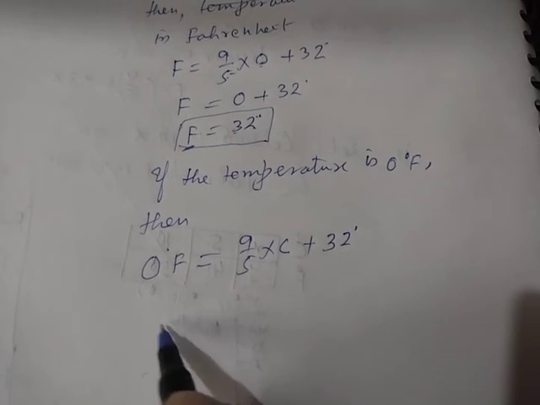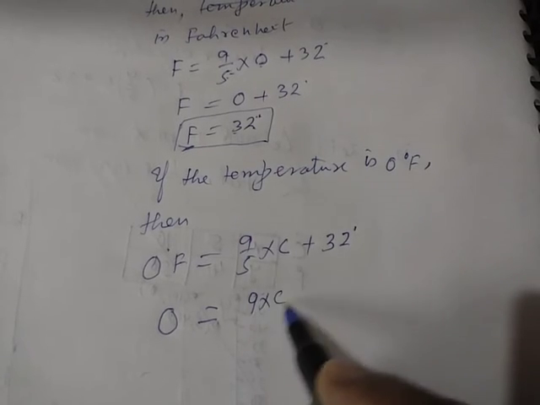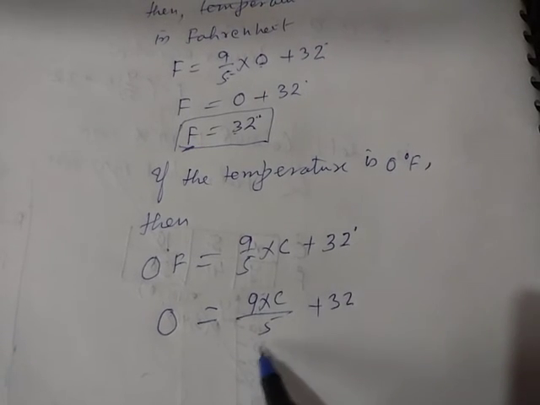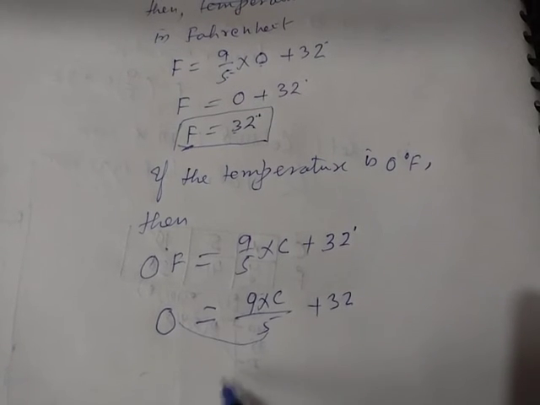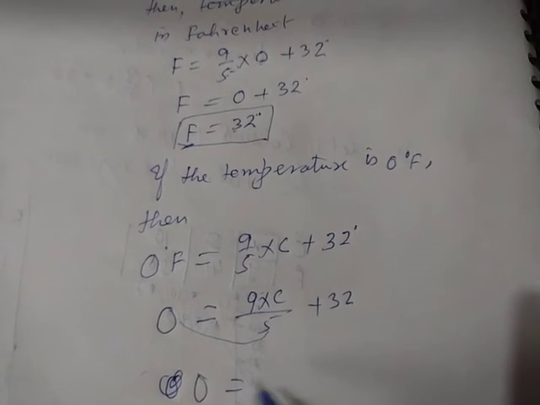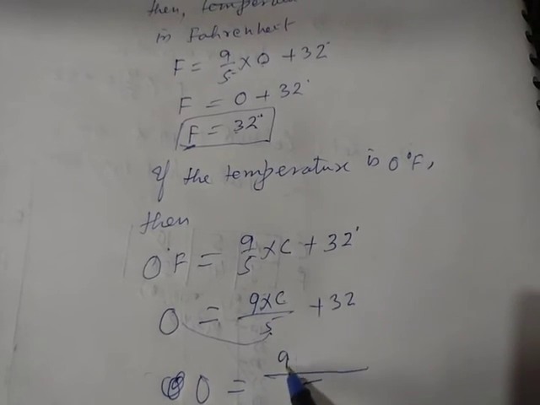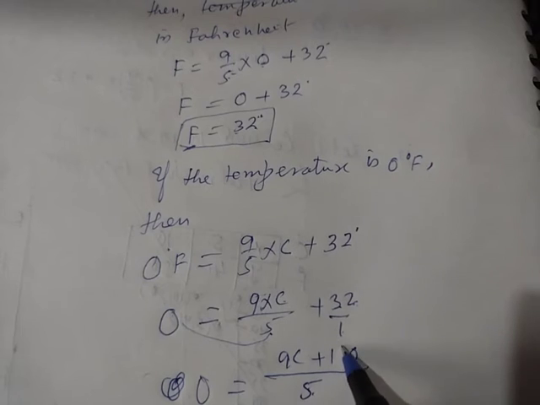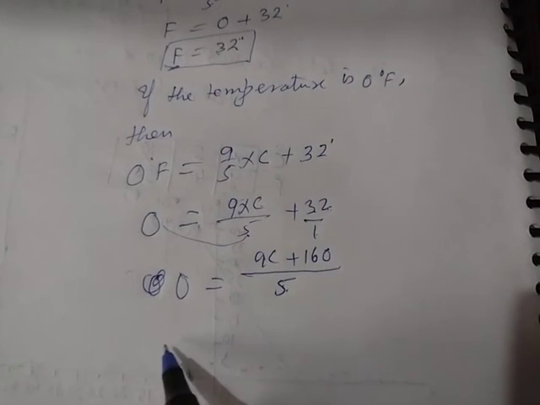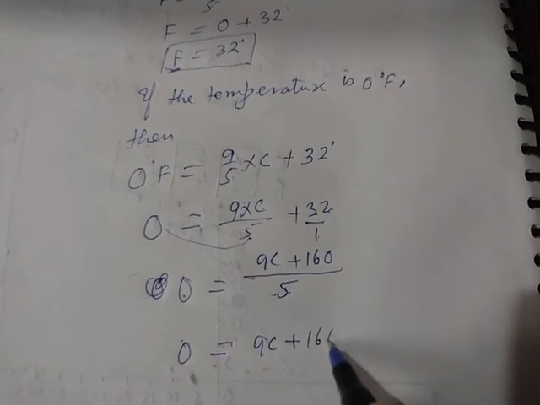If that is 0, it means 9 into C upon 5 plus 32. You cross multiply, then once again you take the LCM 5. Then 9 into C plus 1 into 5, and you multiply 32 by 5: 5 twos are 10, 5 threes are 15, plus 1 makes 160. Now by cross multiplying, 5 into 0, 0 is equal to 9C plus 160.